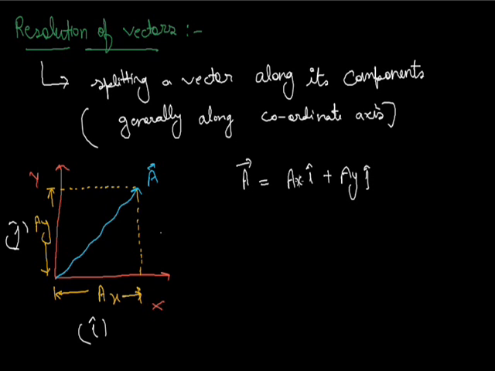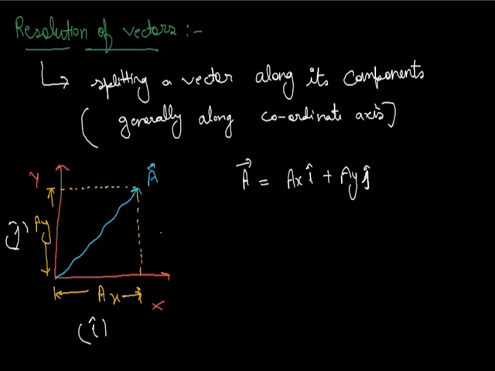This Ax is the magnitude of this vector A along the direction of the x-axis, or we can say i cap. Now Ax multiplied with unit vector i becomes a vector, and Ay multiplied with unit vector j becomes a vector. Then vector plus vector is a vector. Then this vector is vector A.